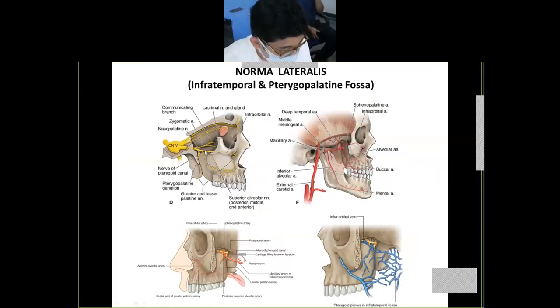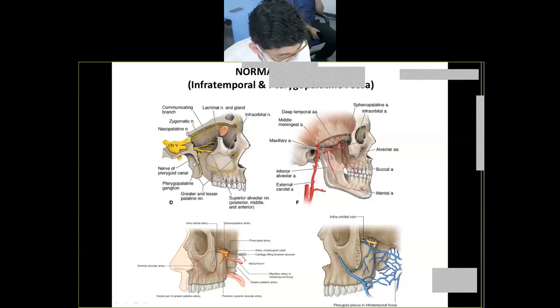Okay, we will see this later. You can see this is the maxillary nerve through the foramen rotundum. Somewhere here is the pterygopalatine fossa, to which the infratemporal fossa is communicating. You're getting my point?